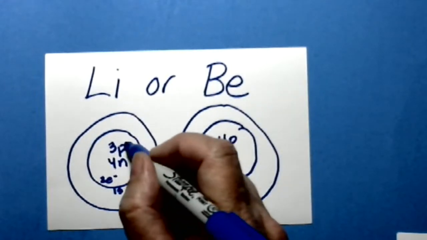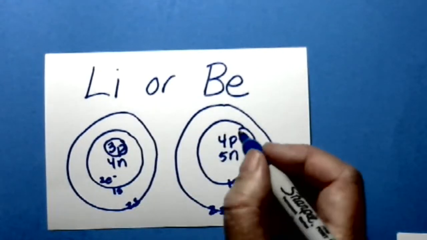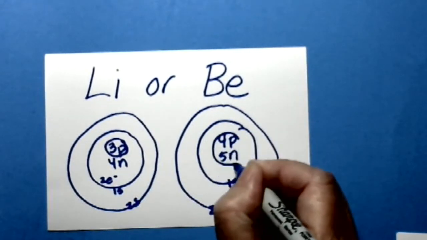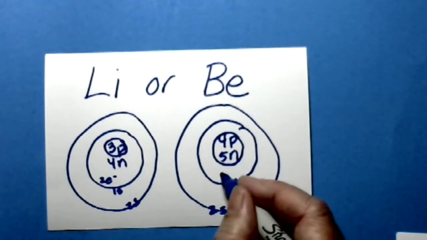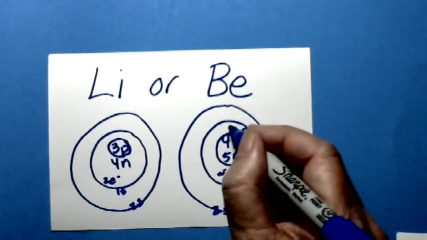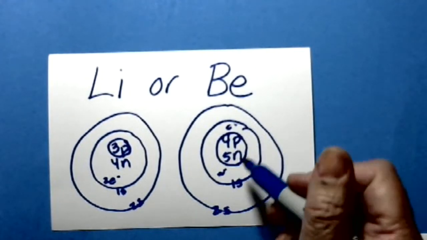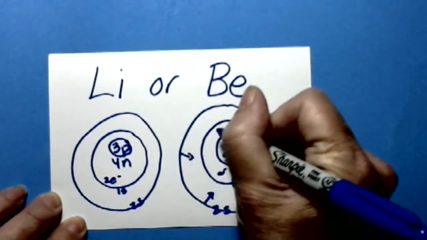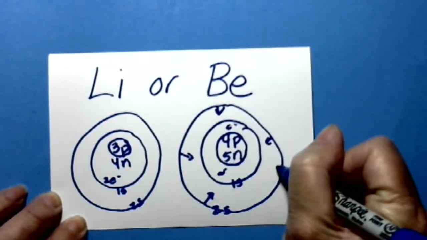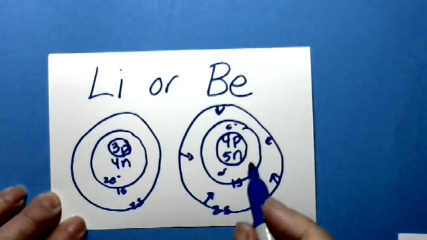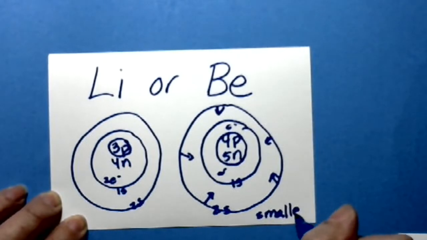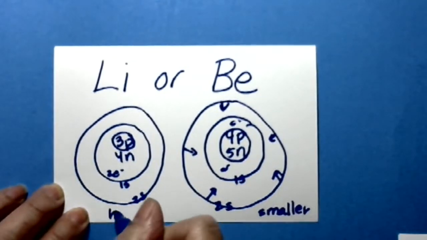But this is being pulled in by 3 protons, blocked by 2. This is being pulled in by 4 protons, still blocked by these 2 electrons in the 1s orbital. Still, this is being pulled in by more. So this 2s orbital gets pulled in more than this 2s orbital, so the beryllium is smaller. And this one is bigger.